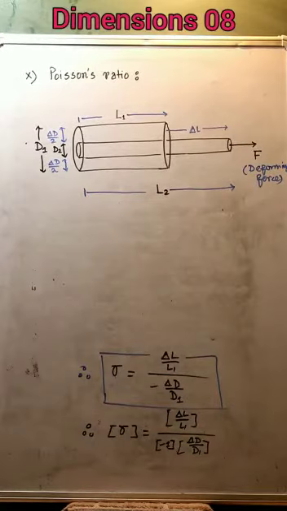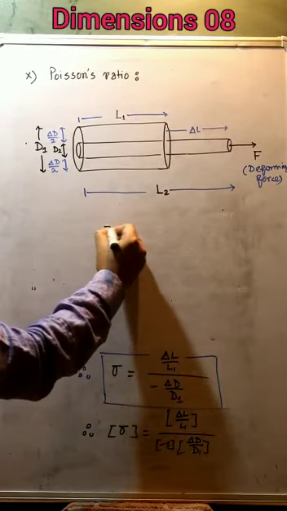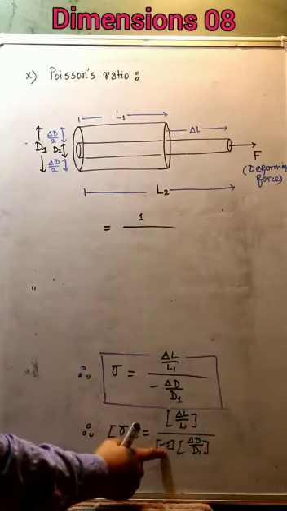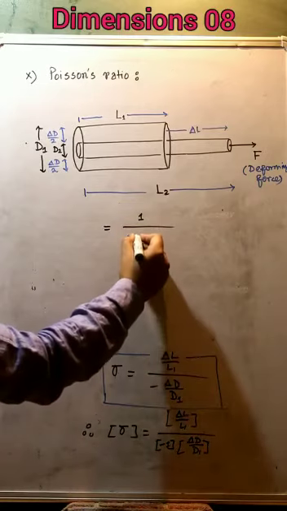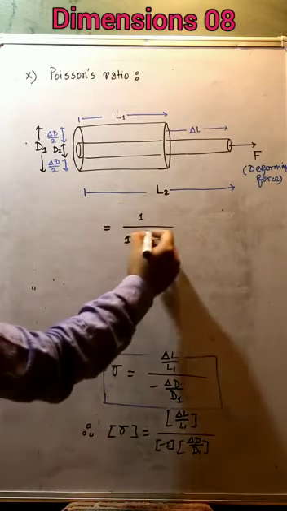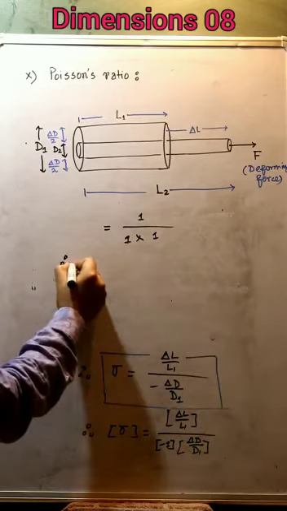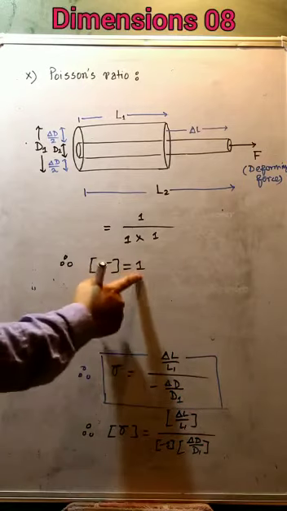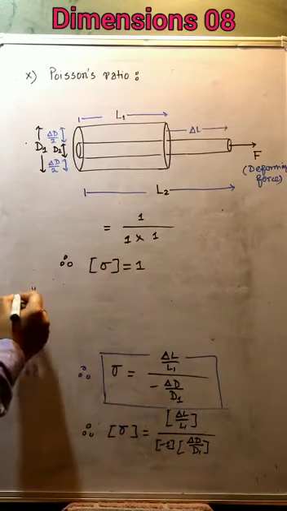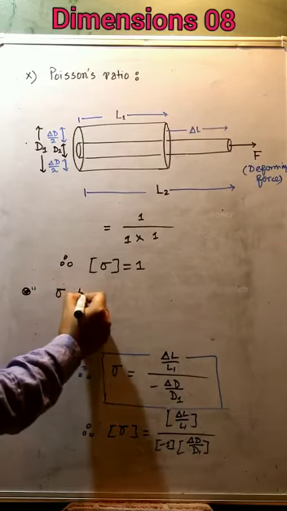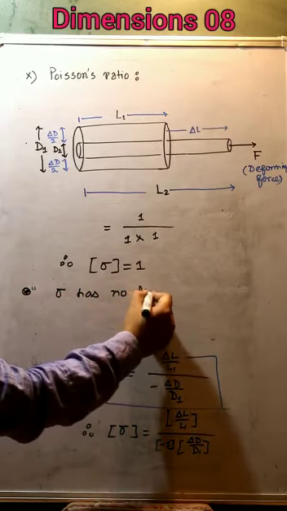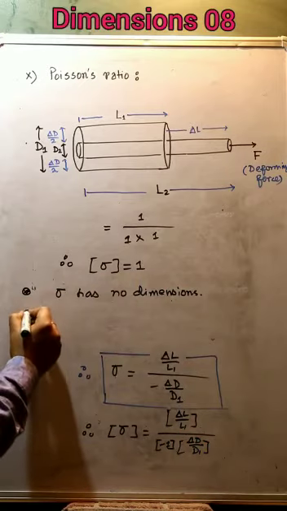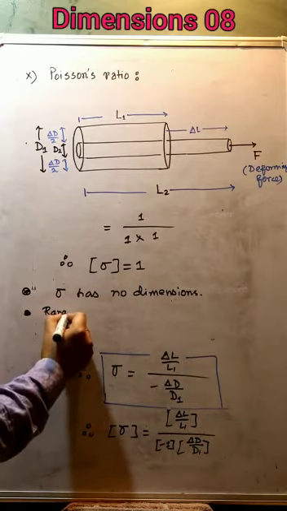Delta L by L1 has no dimension, that is 1. Minus 1 is a constant, it has no dimension, that is 1. Delta D by D1, length by length, has no dimension, 1. Hence the dimension of Poisson's ratio sigma is 1. Sigma is Poisson's ratio, hence we can say that sigma has no dimensions.